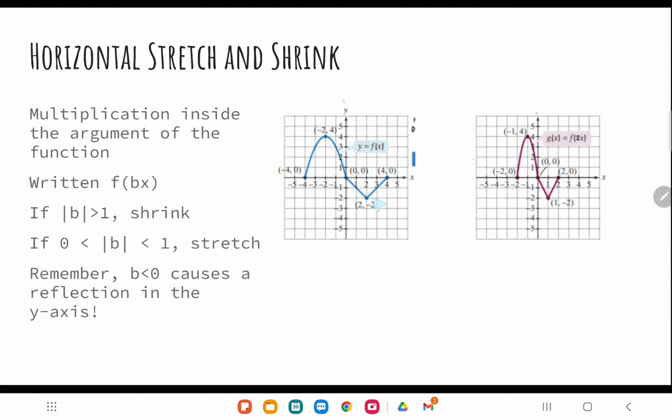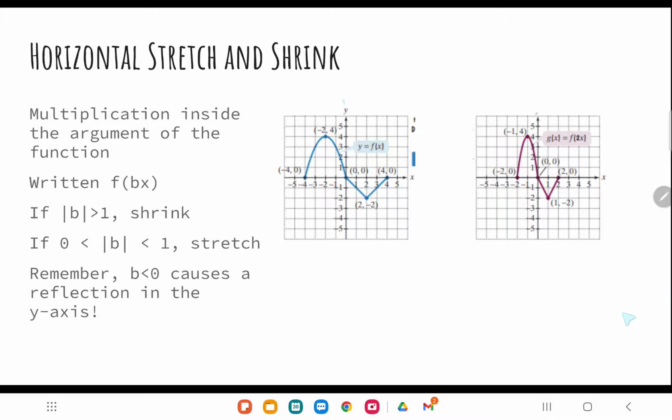And 2 matches with -2 for an output value. So that changes my point 2, -2 to 1, -2. Changes my point from -4, 0 to -2, 0. The domain of this graph has been reduced from -4 to +4 inclusive to -2 to +2 inclusive. You'll notice that the overall height of the graph has not changed at all.